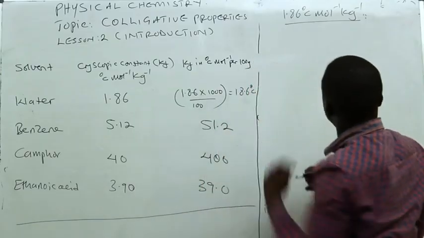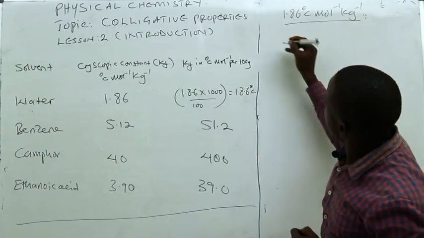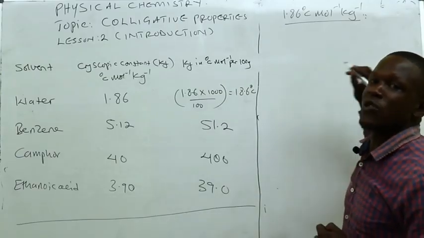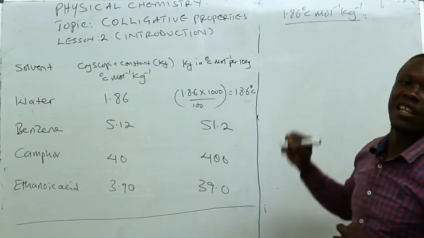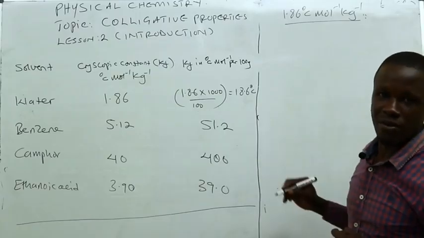Now, this means that the depression caused by 1 mole of a solute when dissolved in 1,000 grams of water is 1.86 degrees Celsius.